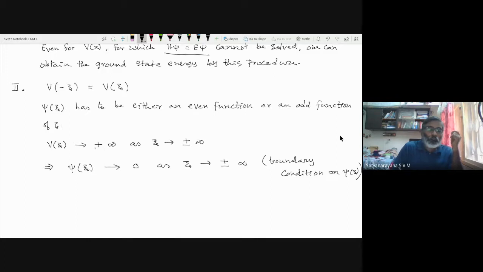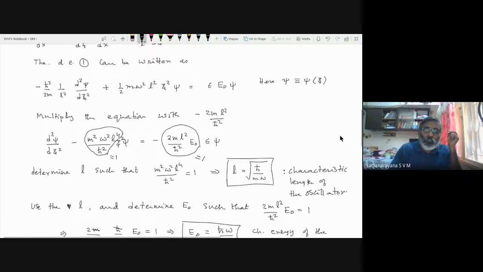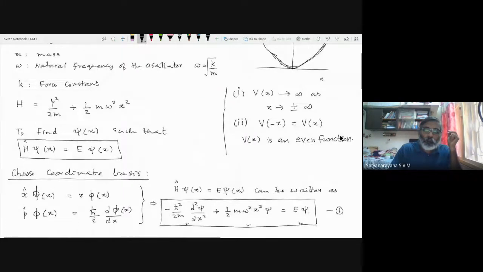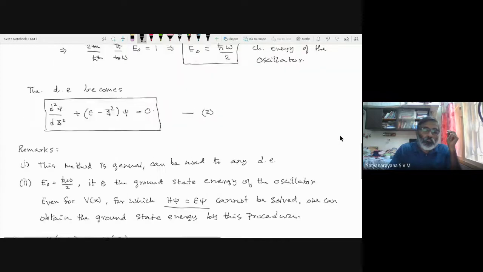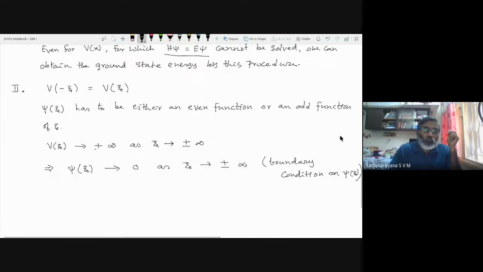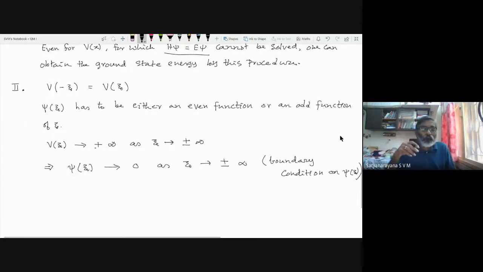The boundary condition. Okay, so the two observations that we made here mean the following for the wave function. The boundary condition satisfied by the wave function is that it should go to 0 as xi goes to plus or minus infinity.